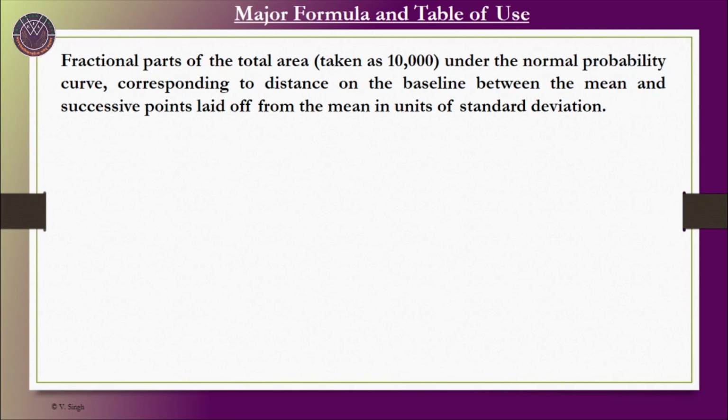Though the total area under the NPC is 1, for convenience and ease of comprehension and interpretation, the total area under the curve is taken to be 10,000, as this makes it easier to calculate fractional parts of the total area.